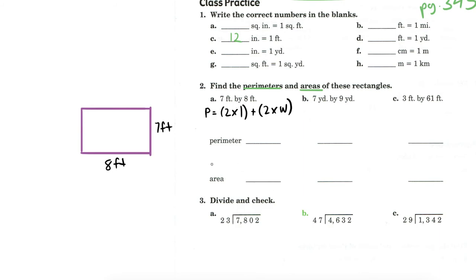Okay? And the area for a rectangle is area equals just length times the width. All right? And do you remember which one is length, which one is width? Remember, the longest measurement here is the length, and the shortest measurement is width, W.